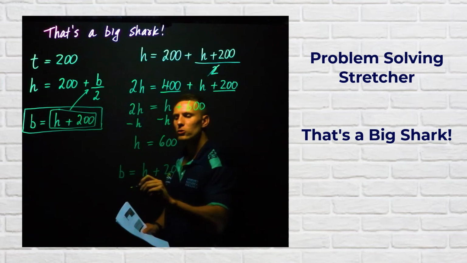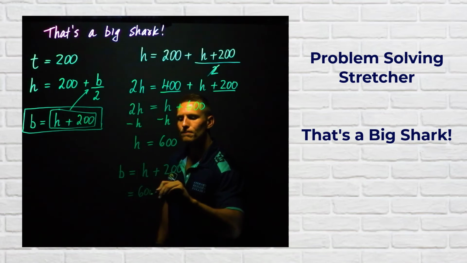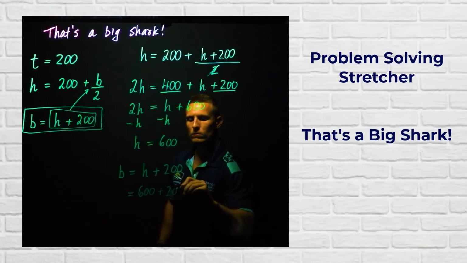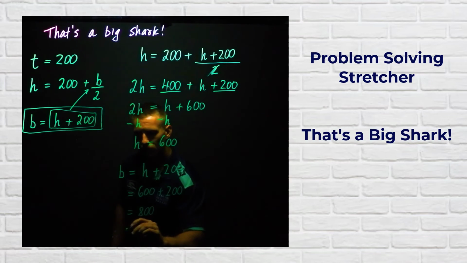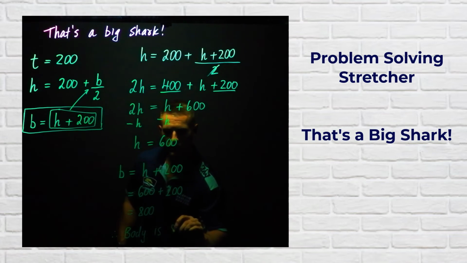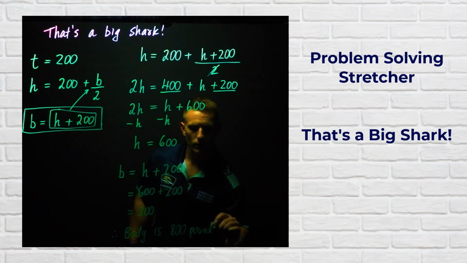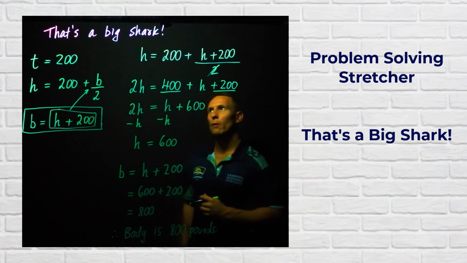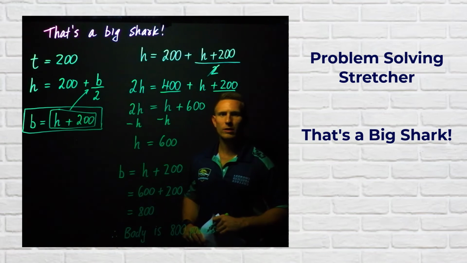So we're going to take h away and we're going to put 600 in place of that. So therefore, the body is 800 pounds. And that's how we work out the weight of the body of this particular shark.